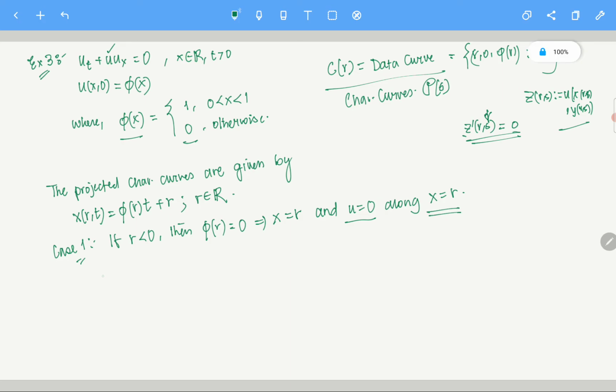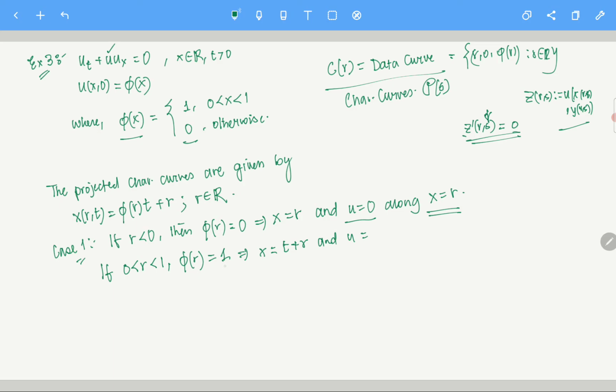Okay. Now, if R lies between 0 and 1, then what happens? Then phi of R is going to be 1. That will imply x equals phi of R times t plus R, so x is t plus R. Clear? And what is u in this case?